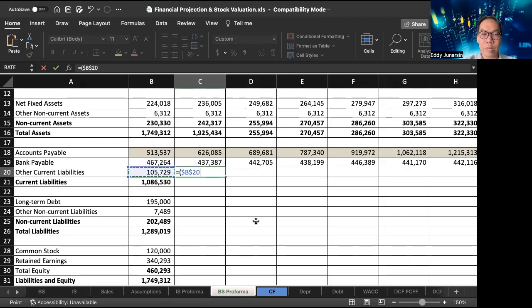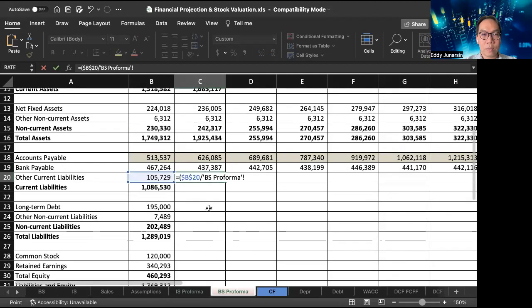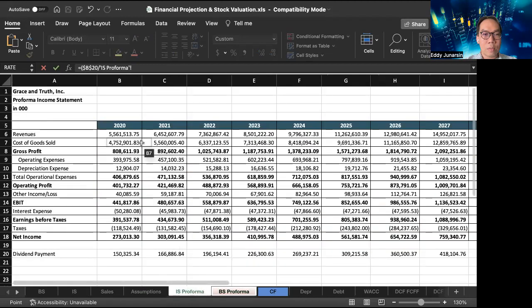We only have one ratio and we want to maintain it. 2020 as a percentage of sales in 2020, and we lock it also. Multiplied with the sales in 2021. So we maintain the ratio, but the revenues are moving, right? 2021, 22, and so on.